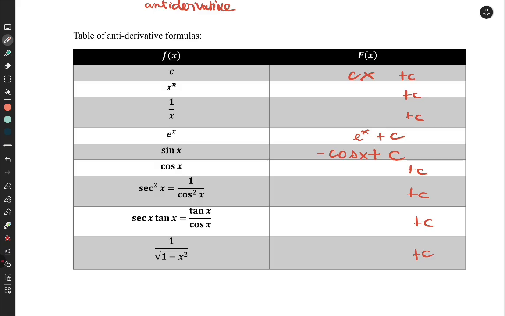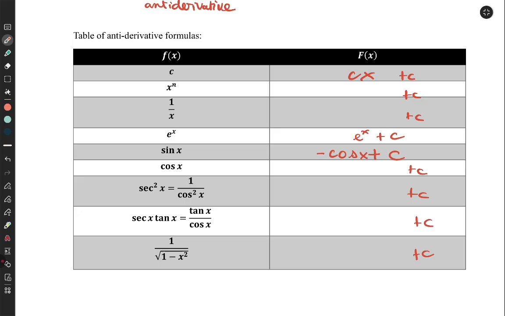Okay. Now, x to the power n. This one is trickier. Earlier, we had x squared. We did multiple ones of them, right? 1/3 x cubed plus c. Right, we have that.